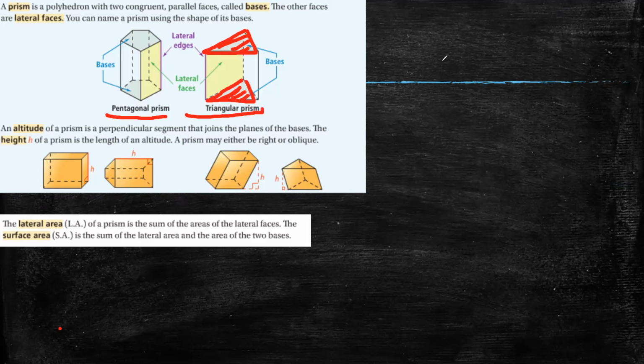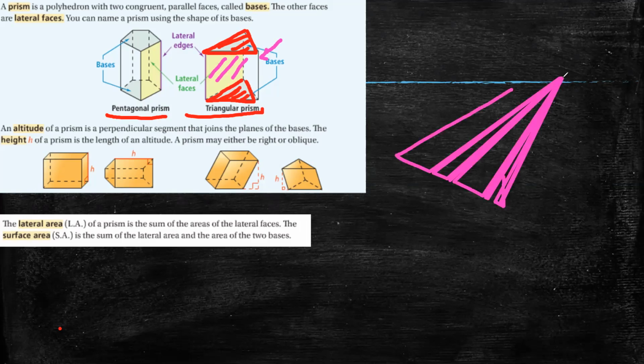Now, one asked me, teacher, how can we know the bases? They must be parallel to each other. Look at this face here, and the other one that is here. Are they parallel to each other? No, they're not.